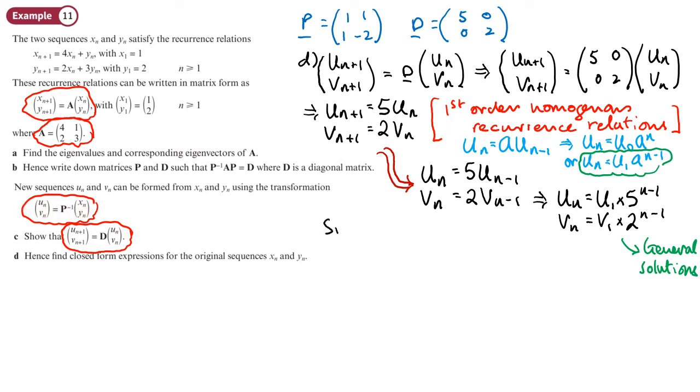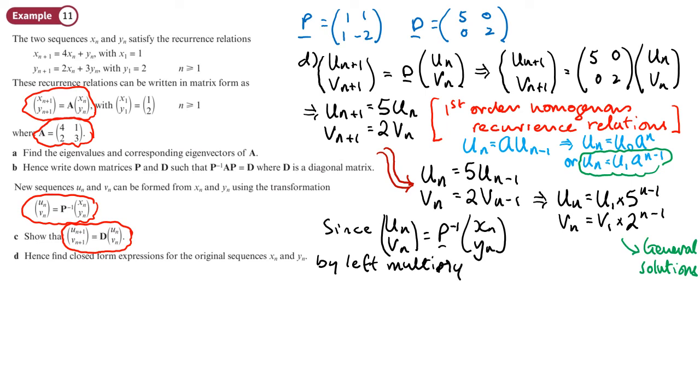So we can say something like, since un vn equals p inverse times xn yn, by left multiplying by p, in other words, multiply by p on this side and p on this side, what we're going to end up with is p times un vn equals, now we're left multiplying by p, so we'll have p times p inverse, which is the identity, so we're just left with xn yn.